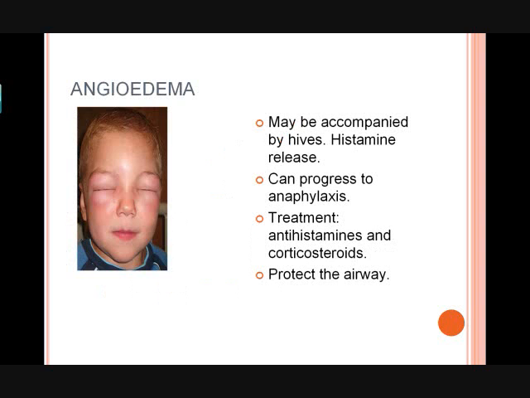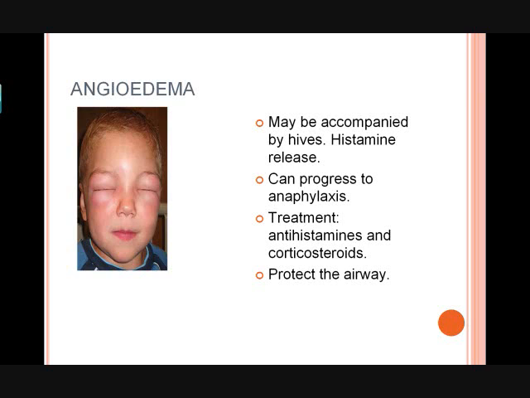This is an example of a peds case of angioedema. Did you ever see Hitch with Will Smith? That was like the beginning of the anaphylactic reaction, but it never occurred because he got the Benadryl. Well, it's a movie. But he almost had angioedema on one side, maybe accompanied by hives. It's a result of a histamine release. Angioedema can progress to anaphylaxis quickly.